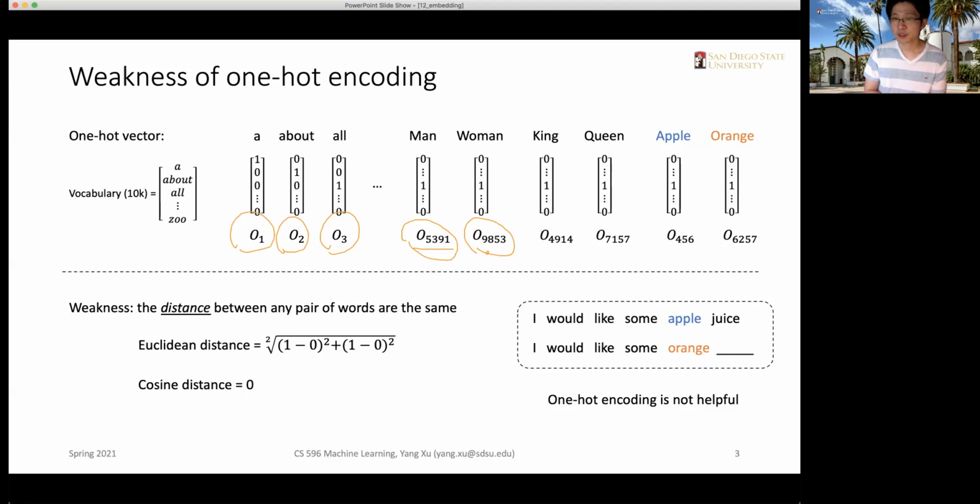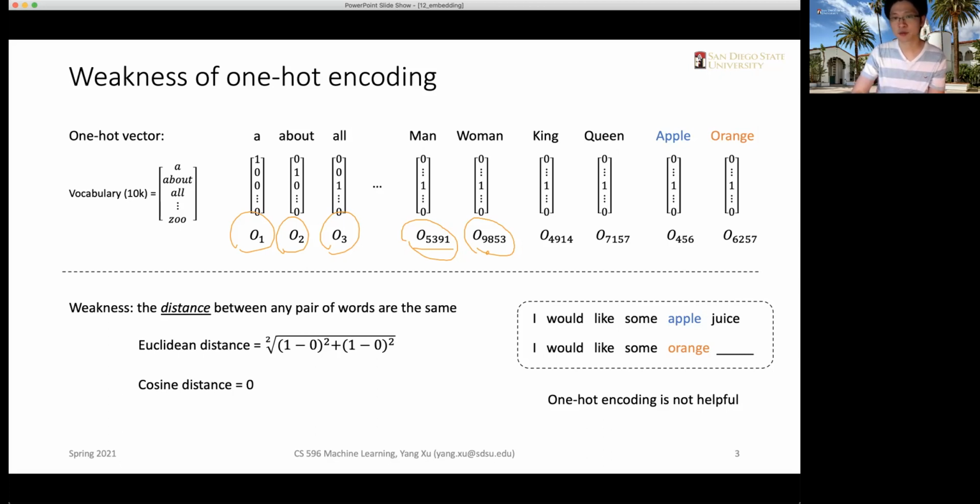If it recognizes the relatedness between orange and apple, then it should take advantage of that previous experience, since orange is very close to apple, and it should be able to infer that the next word is also very likely to be juice. But if all the words are represented with one-hot vectors, then apple and orange are not recognized as similar words, so it won't be helpful to predict the next word.